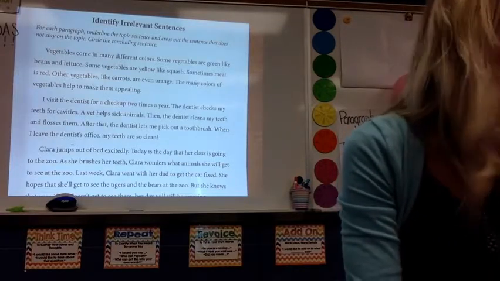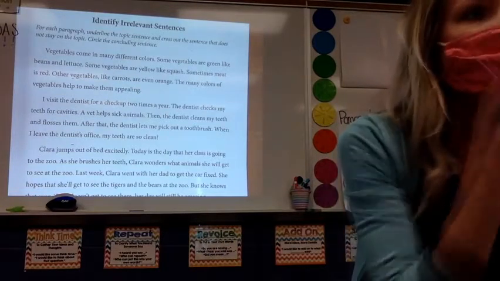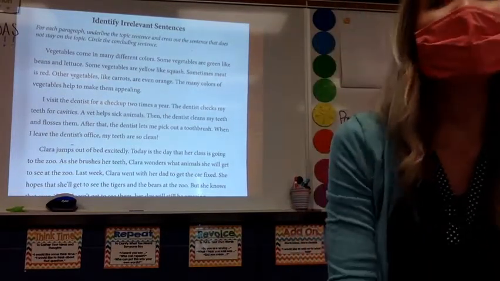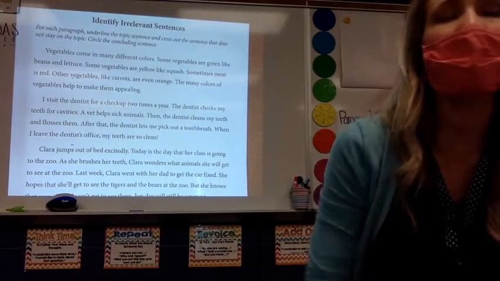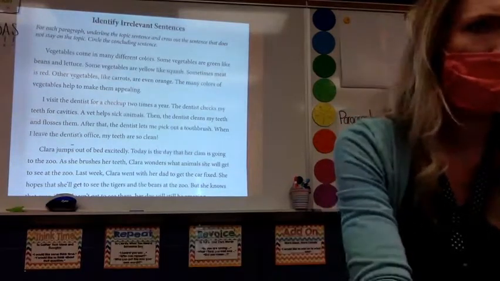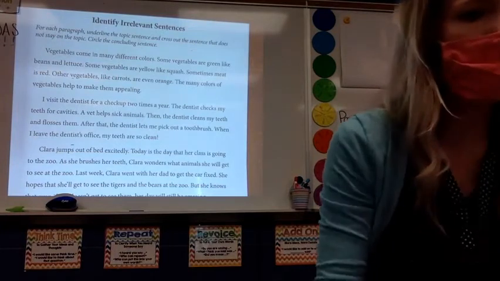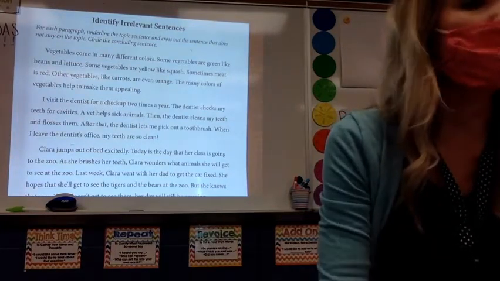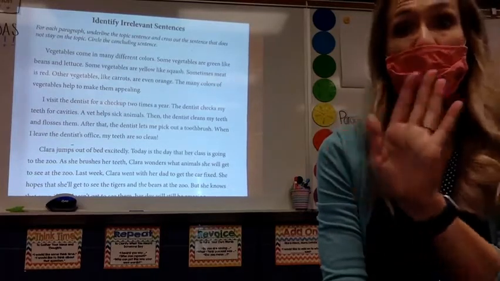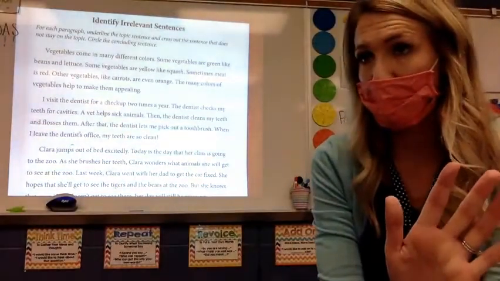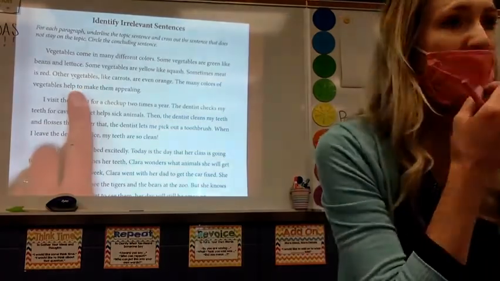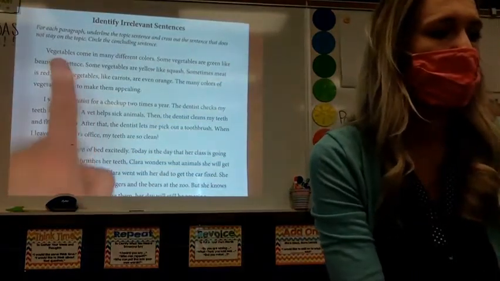What are we going to do to the topic sentence? Underline. Sit up, Aiden. We're going to underline the topic sentence in each paragraph. How many paragraphs are there? 3. So how many sentences are going to be underlined? 3. Fabulous. And then we are going to cross out any sentences that don't go with that topic. Sound good? Let's look at the first paragraph together. Everybody point to the first paragraph.